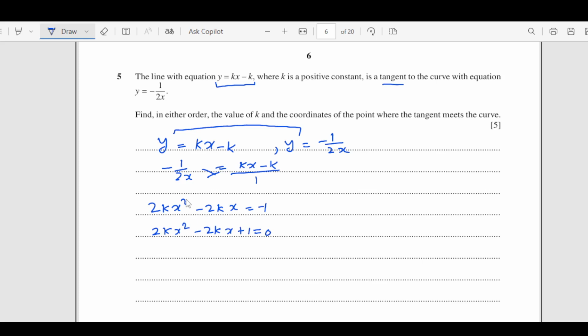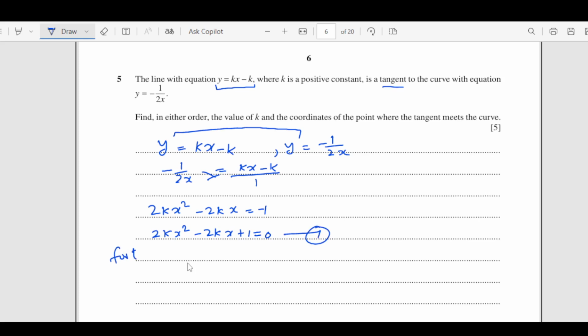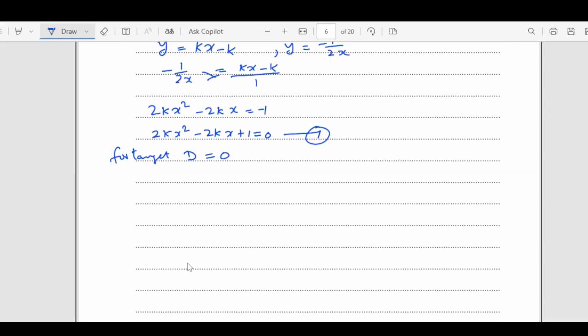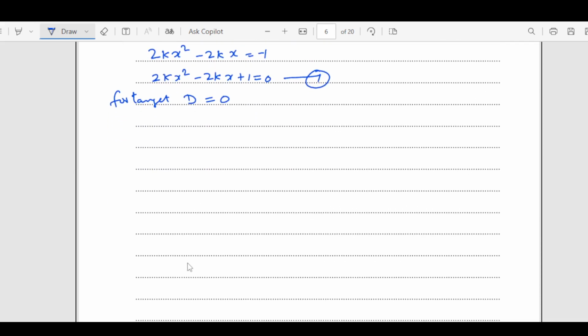Now this is a quadratic in x, so we can find out the value of k from here, because for a tangent, what do we have? For a tangent, our discriminant should be 0 because they intersect only at one point. So the discriminant b squared minus 4ac equals 0, and b now is negative 2k, a is 2k and c is 1.